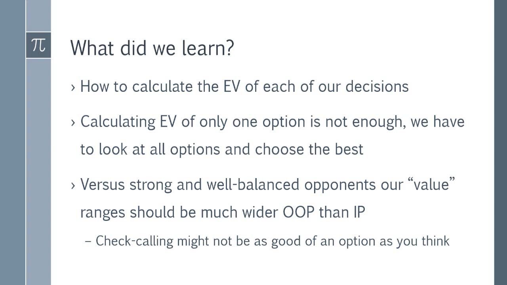I think a lot of people just click check call without really thinking about it. And what we've shown with these calculations is that we're actually handing our opponents EV if they're going to play a very good strategy against us. And against those opponents, instead of just clicking the check call button, we're going to be playing a much stronger game if we're actually the ones doing the betting ourselves. And we're going to be securing more of the pot for ourselves and gaining more EV for ourselves.